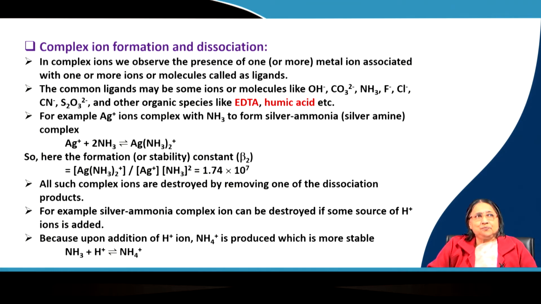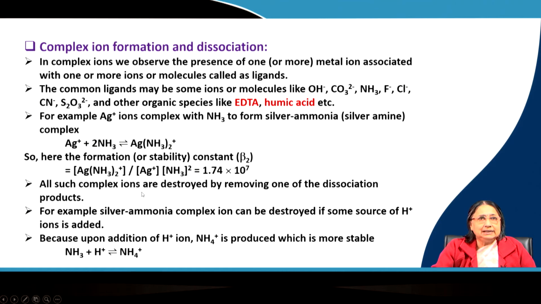In case of this complex, we write the formation constant or stability constant, and usually we express it using the beta term. Like previously we have seen the solubility product, this is also an equilibrium constant, for solid substances which are insoluble compounds; this term, the solubility product, is very important.